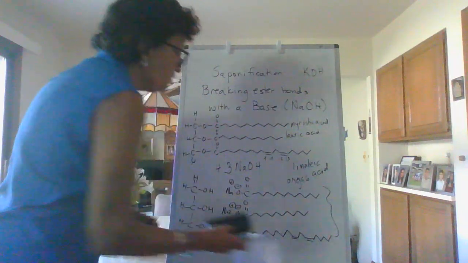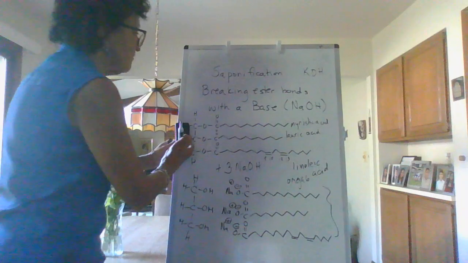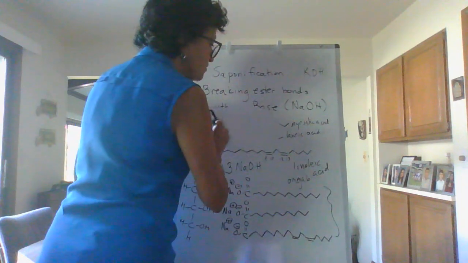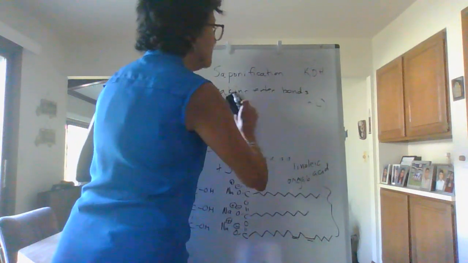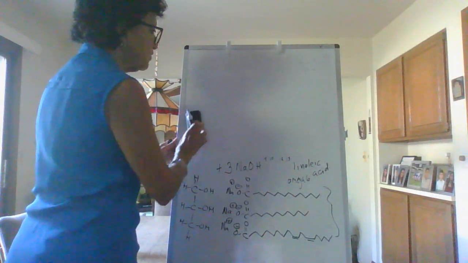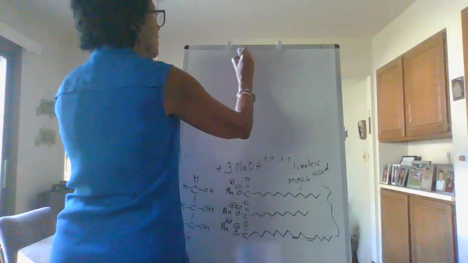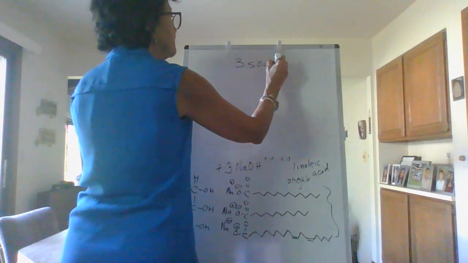These are called salts, fatty acid salts, but a fatty acid salt is also a soap. So the products of saponification are glycerol and 3 soaps. What are the names of the 3 soaps?